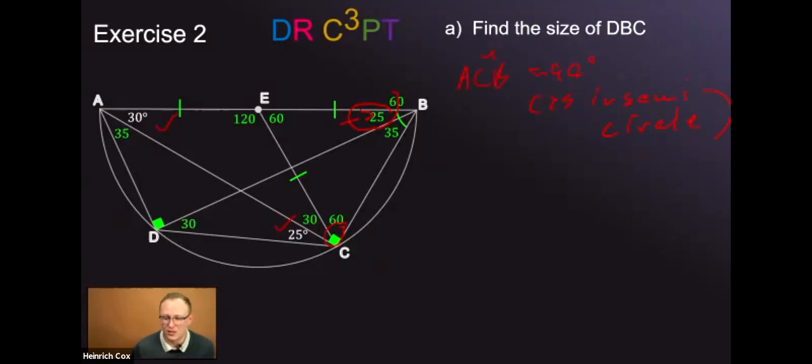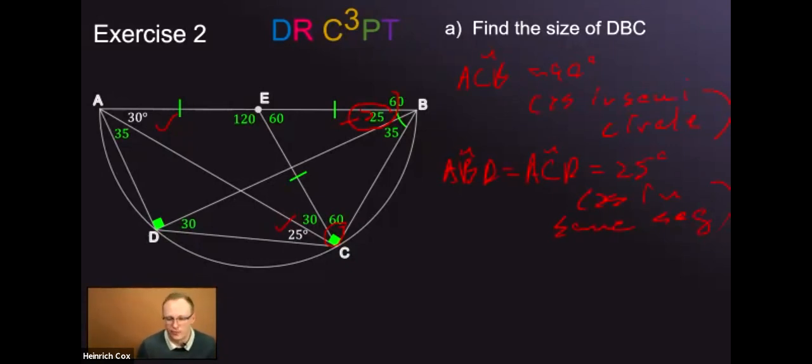So how we do that is we're then going to say that this ABD is going to be equal to the ACD, the 25-degree angle. And our reason for that is angles in the same segment. Okay, so we've got the angles in the same segment, right?